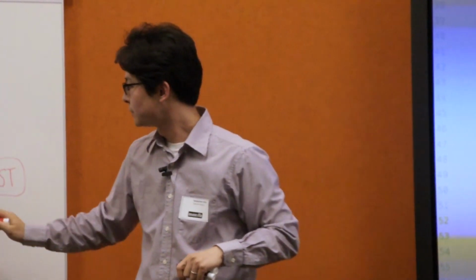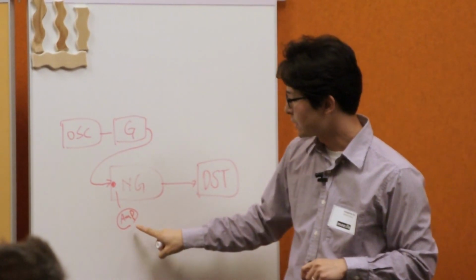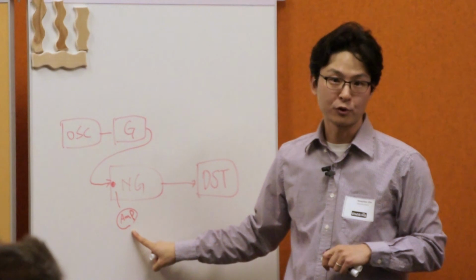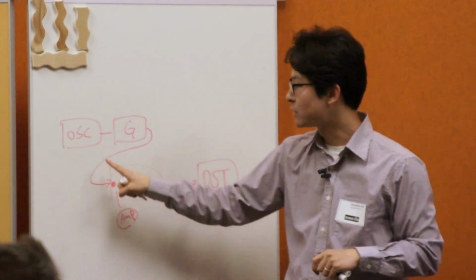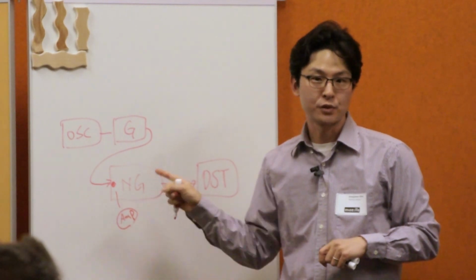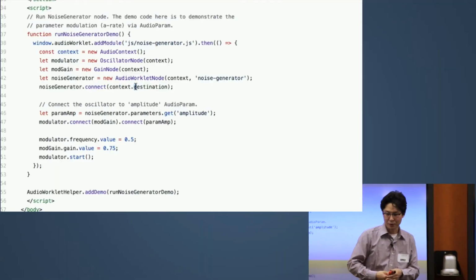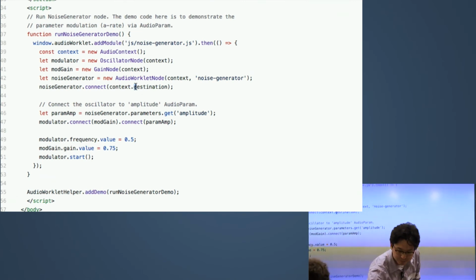Yes, amplitude. So what I'm doing here is modulating this amplitude AudioParam with the oscillator, a low frequency oscillator modulation on the noise generator. It's a very simple thing, but yeah.